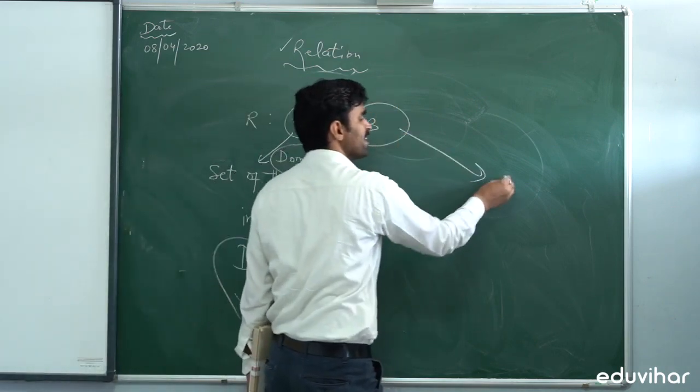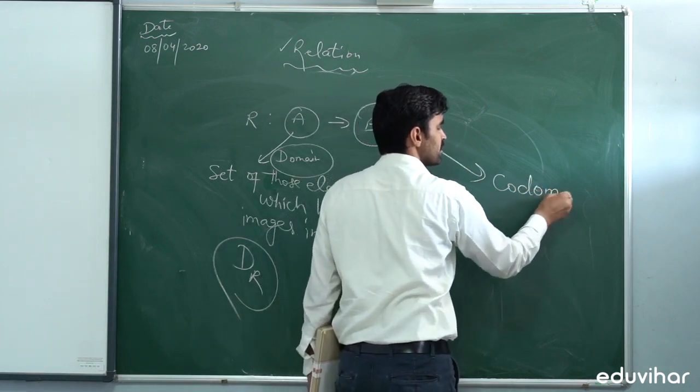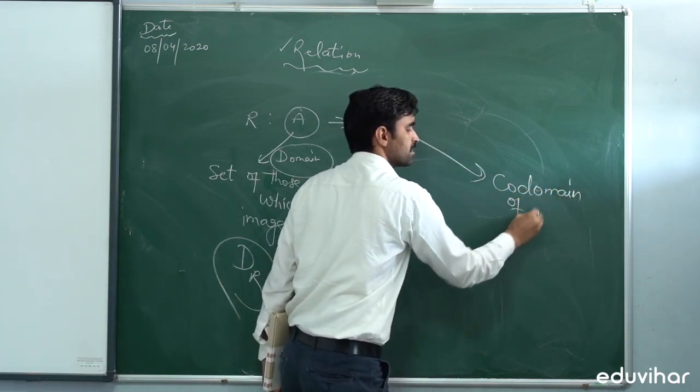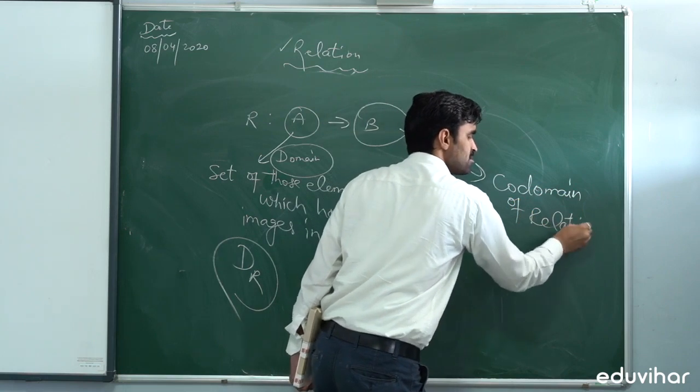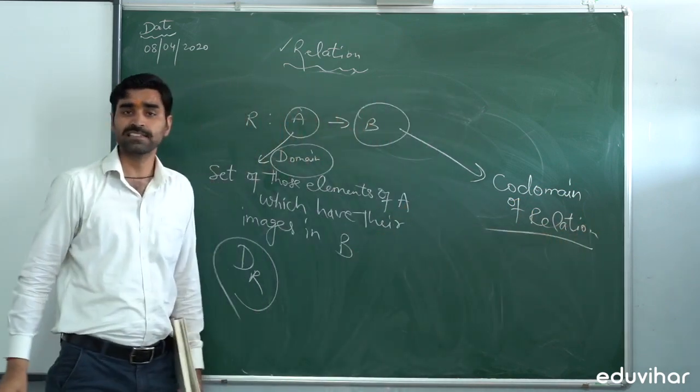Set B is always known as the codomain of the relation.